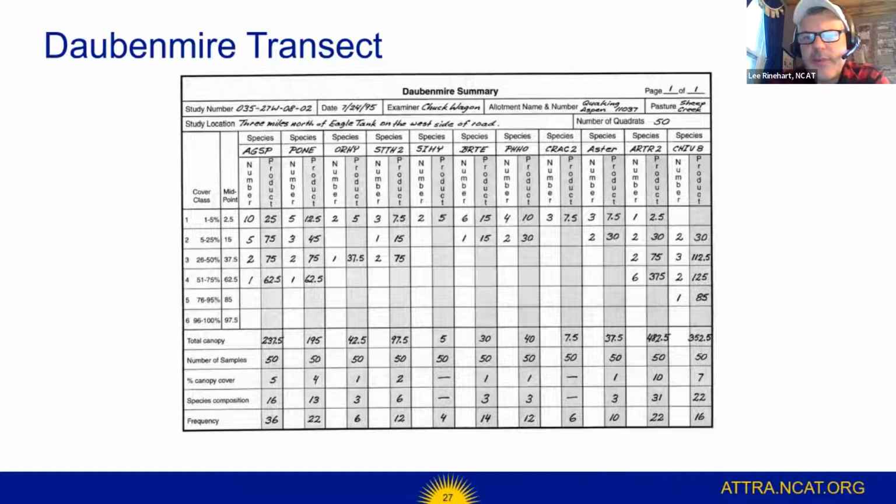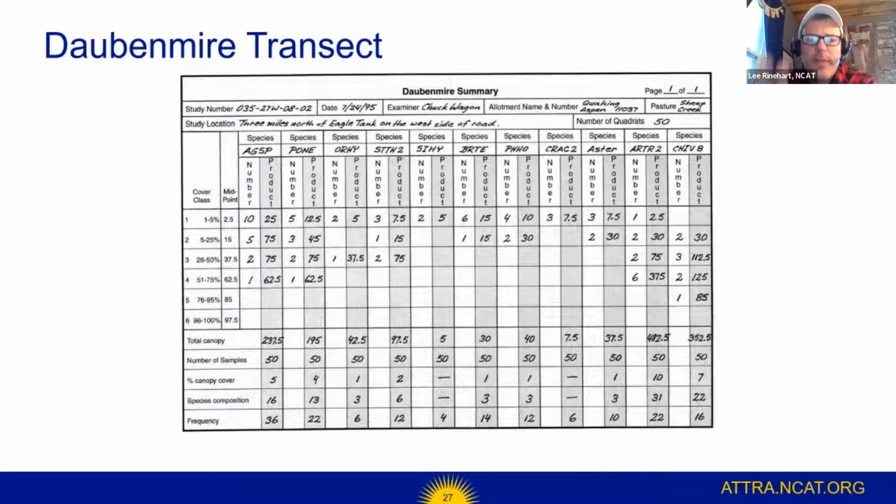So if you look at the first species there, the AGSP, there were 10 quadrants where the cover class was 1. There were 5 quadrants where there was a cover class 2. There were 2 quadrants where the cover class was 3, and there was 1 where the cover class was 4.